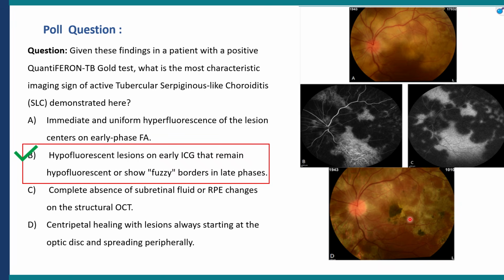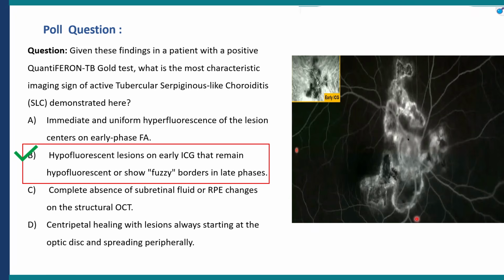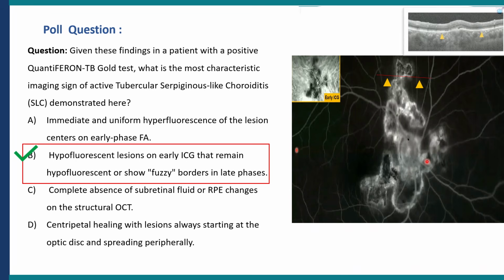Now, one of the most important differential diagnoses of this problem is, as I said, the classical type of serpiginous choroiditis, in which the lesion is usually around the optic disc and spreads centripetally, as he's giving you a hint here, the centripetal healing.